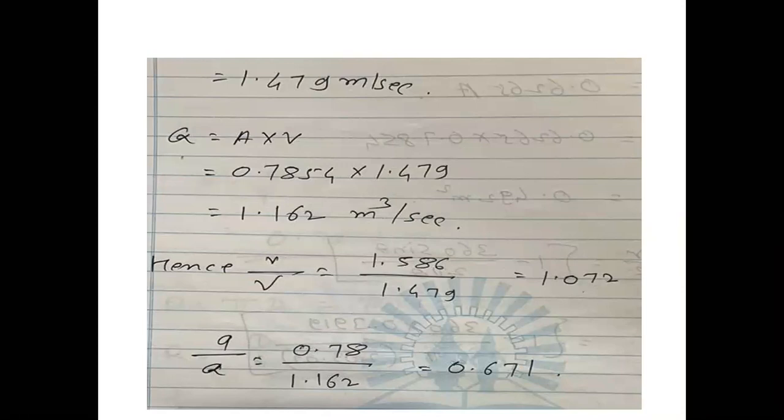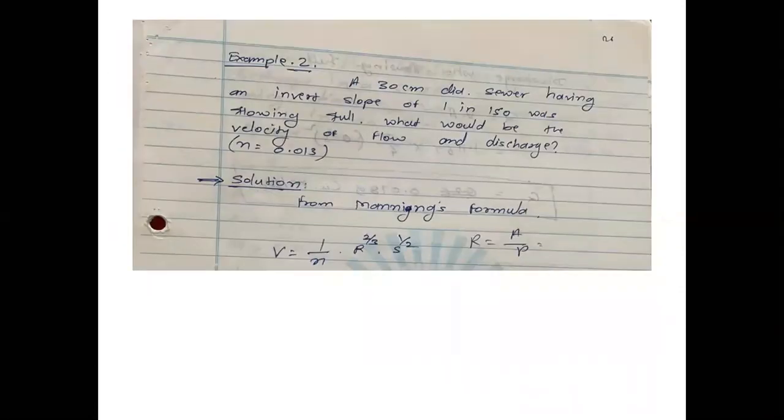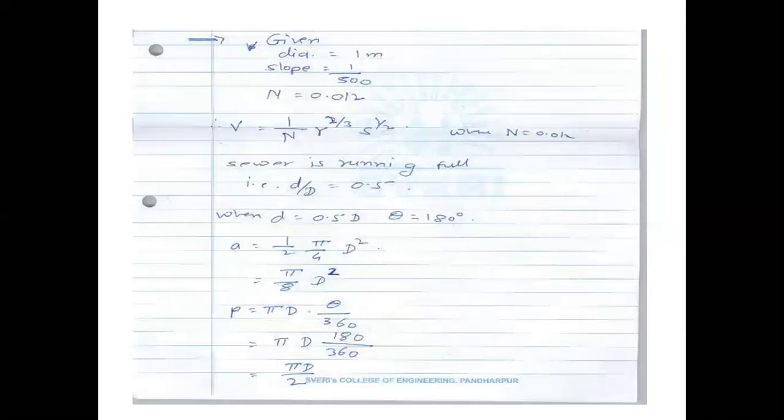Okay, let me know what we have to do. What we are supposed to find out. Small q we are supposed to find out. For that purpose, formula for q upon Q is equal to capital A upon small a into capital V upon small v. Then further capital A upon small a and capital V upon small v convert into capital R upon small r raised to 2 by 3. So that we have derived in an earlier equation. Shall I go to that point? In the derivation we have derived the formula for this.